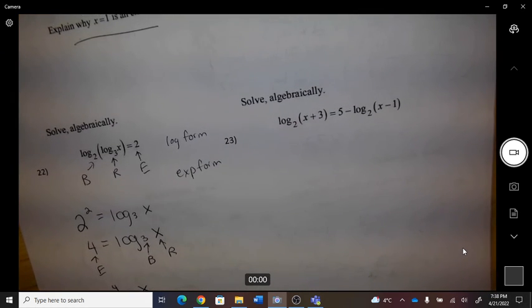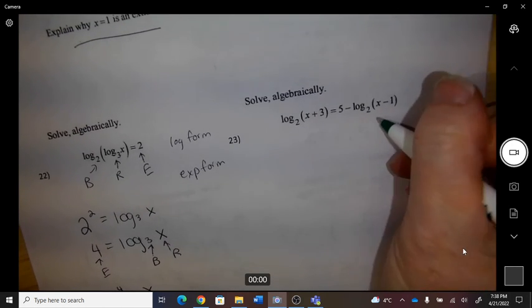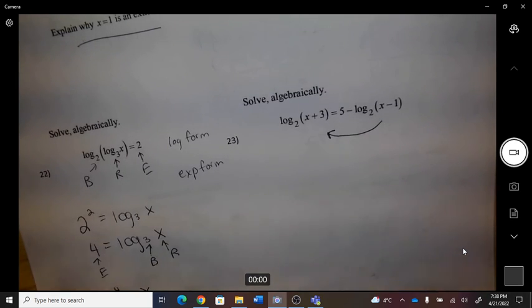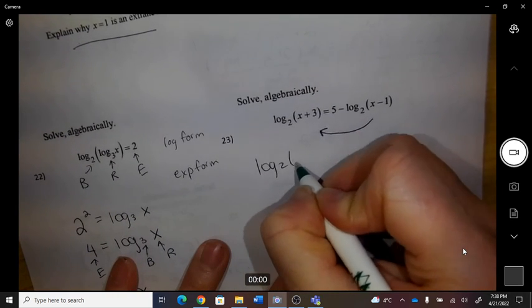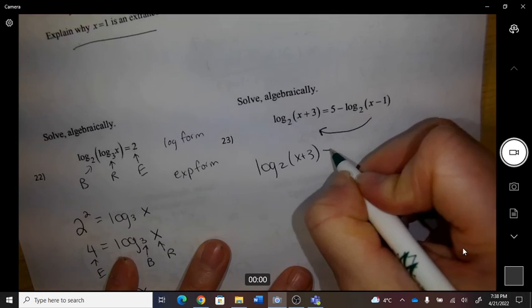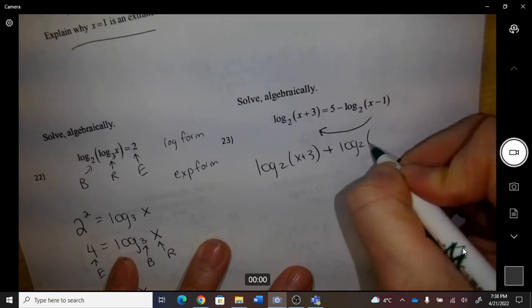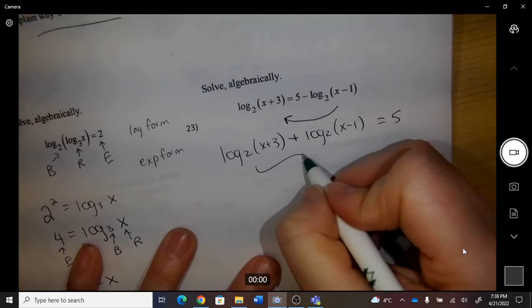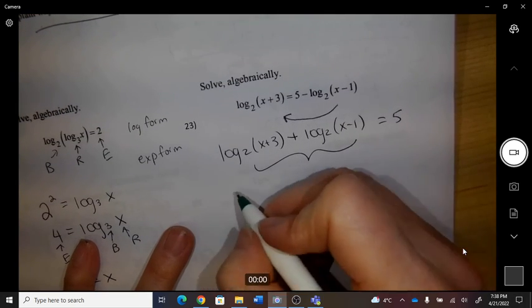Okay, and then this one. So on this one, I'm going to move the logs to one side together to do some collection. So log 2 of that plus log 2 of that. So now I can collect, because they're on the same side here.